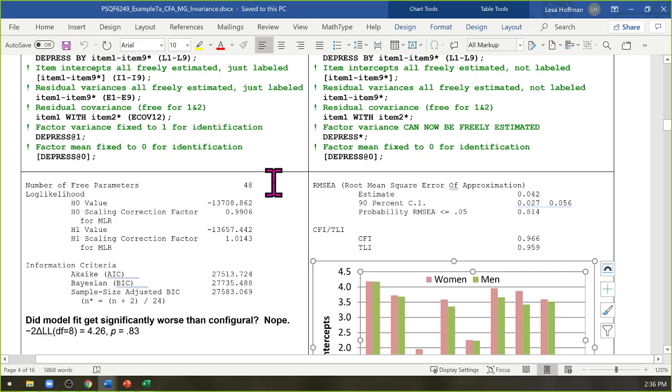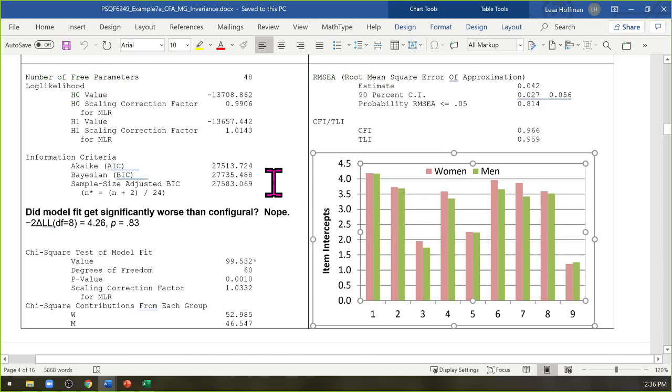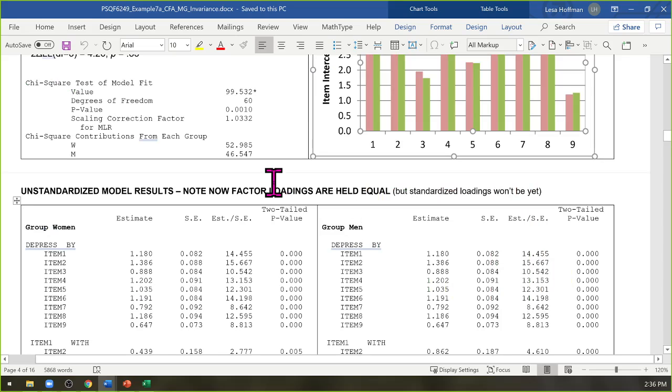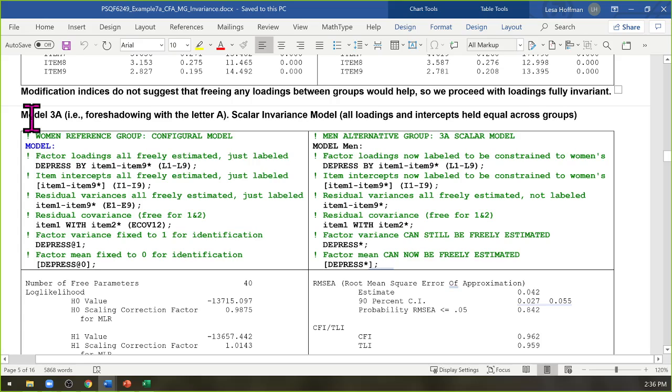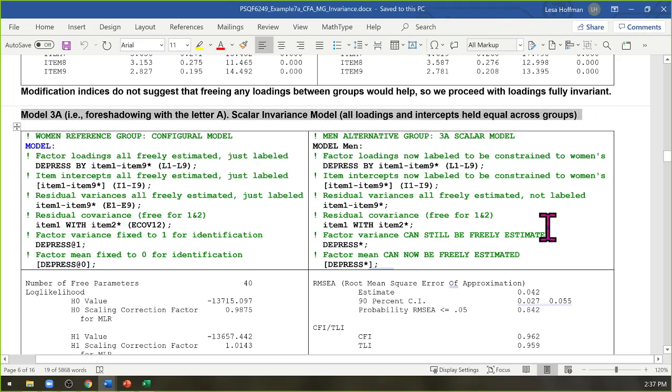So the next set of constraints, I'm going to go ahead and stick with the Mplus code, but this is material that we haven't covered yet in the PowerPoints, but we'll forge ahead. The next one is what's known as scalar invariance.